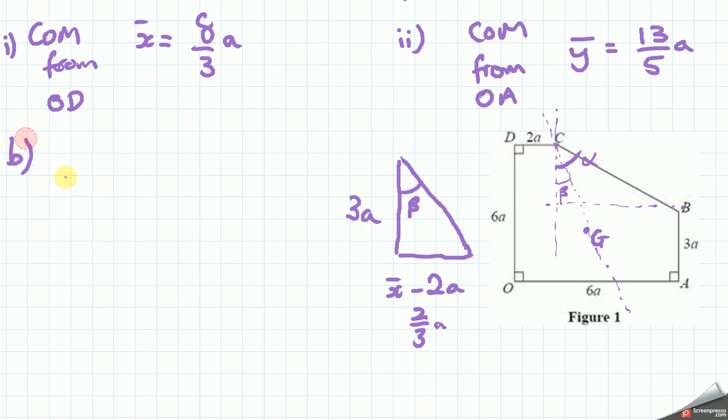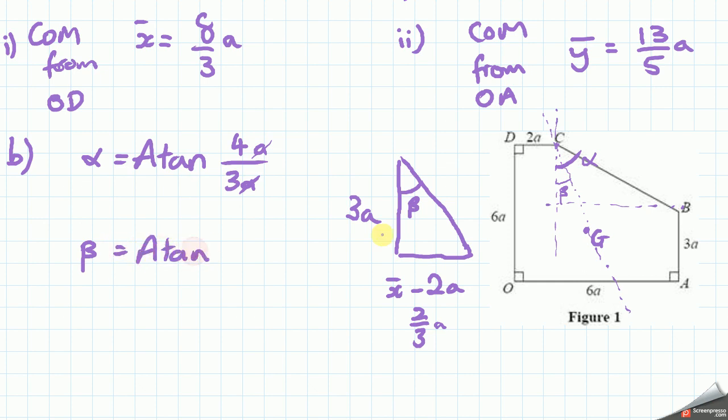So for question B, angle alpha is the inverse tangent, or tan minus 1, or arc tangent of 4A over 3A. Of course they cancel. And beta is the arc tangent of the opposite side, 2/3 A over 3A.